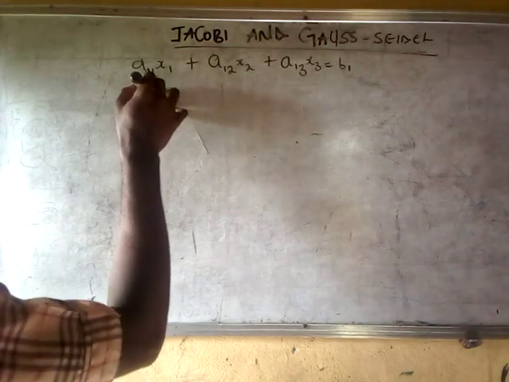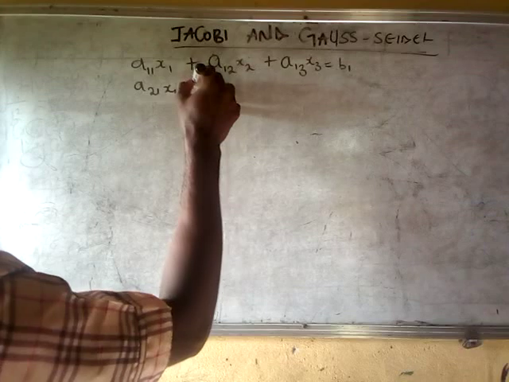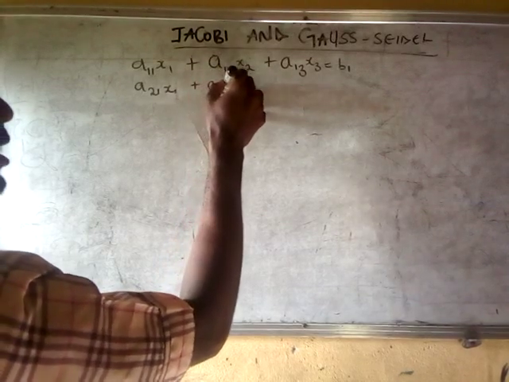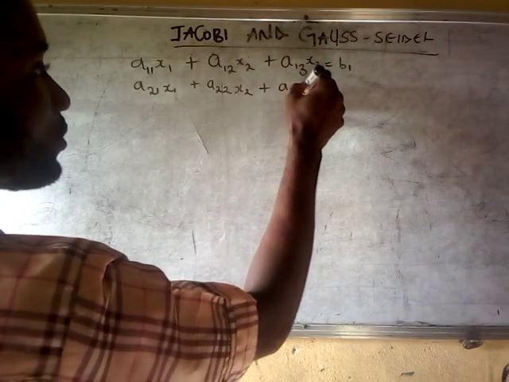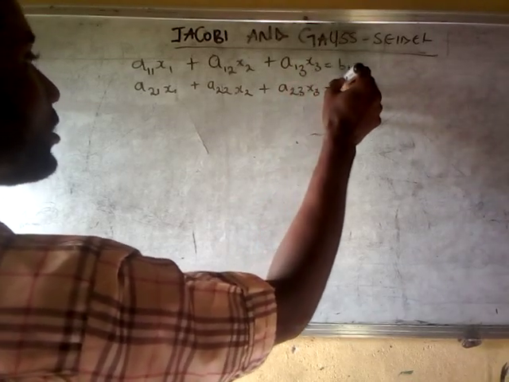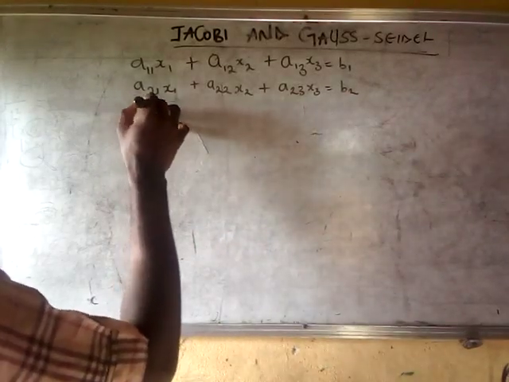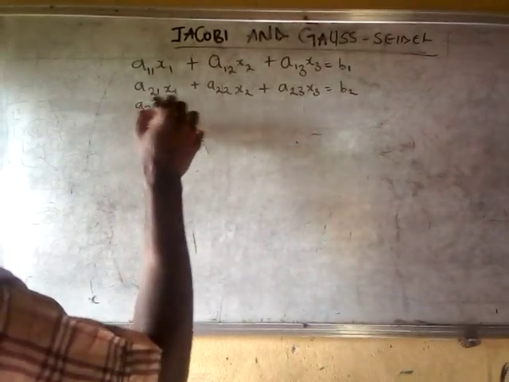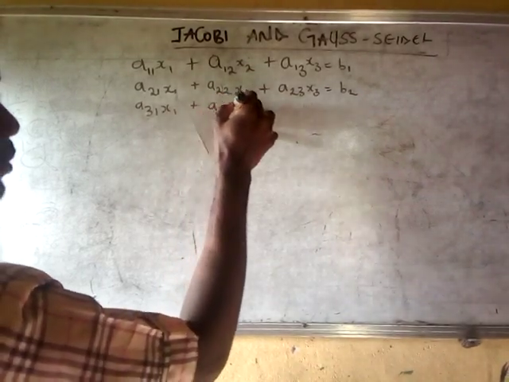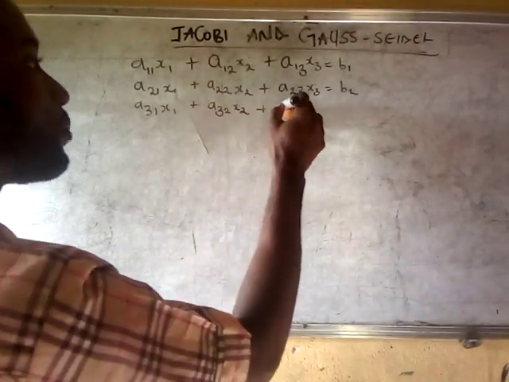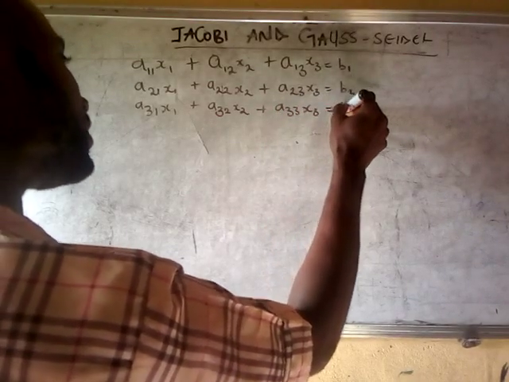Then we have again a21 x1 plus a22 x2 plus a23 x3 is equal to b2. Then we have another one, a31 x1 plus a32 x2 plus a33 x3 is equal to b3.